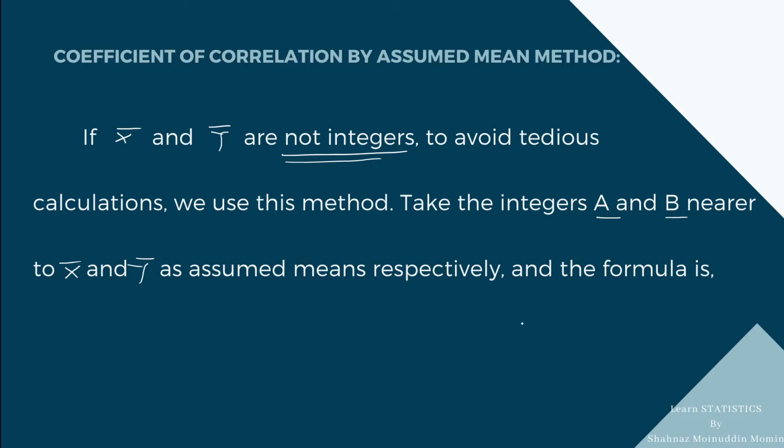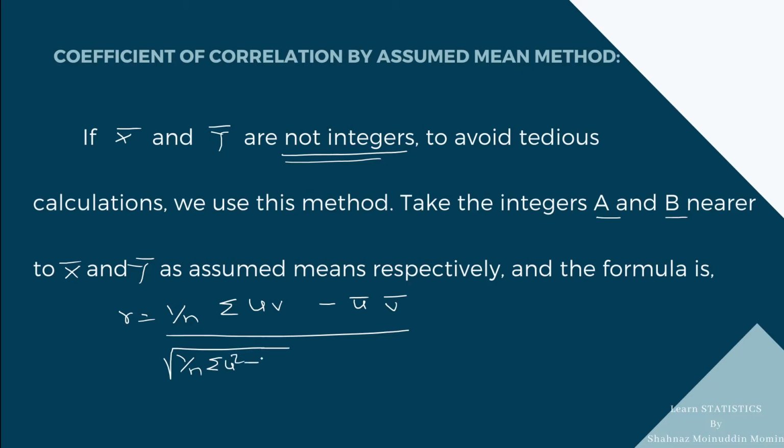The formula in this method is r is equal to 1 upon n summation uv minus u bar v bar, divided by under root 1 upon n summation u square minus u bar square, multiplied by 1 upon n summation v square minus v bar square, where u is equal to x minus a and v is equal to y minus b.